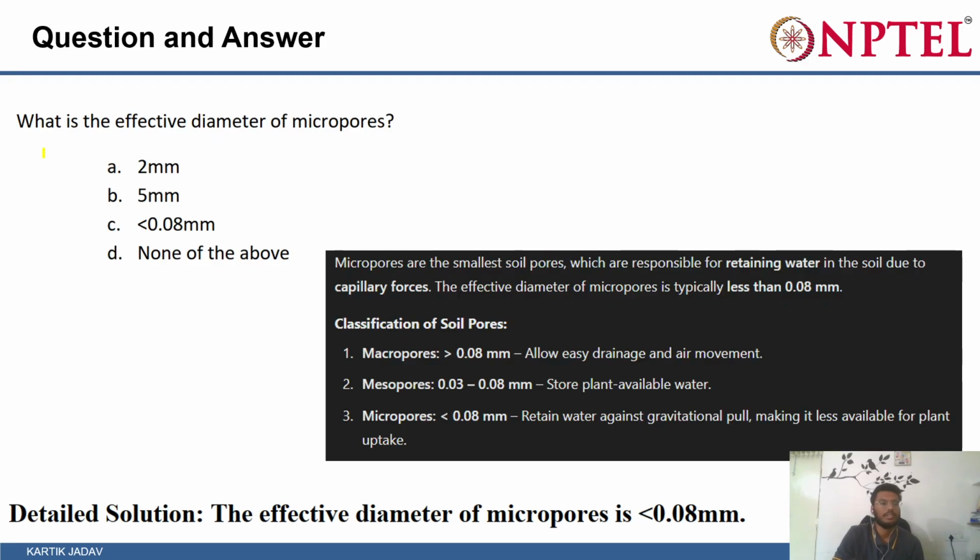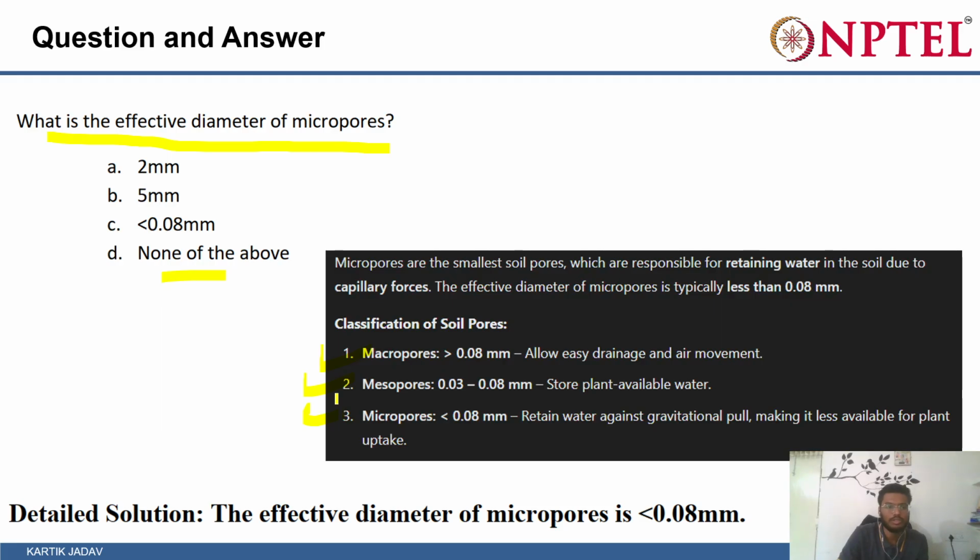Next question, what is the effective diameter of micro pores? 2 mm, 5 mm, less than 0.08 mm, and none of the above. So we know that we have total three kinds of pores, that is micro, meso, and macro pores.